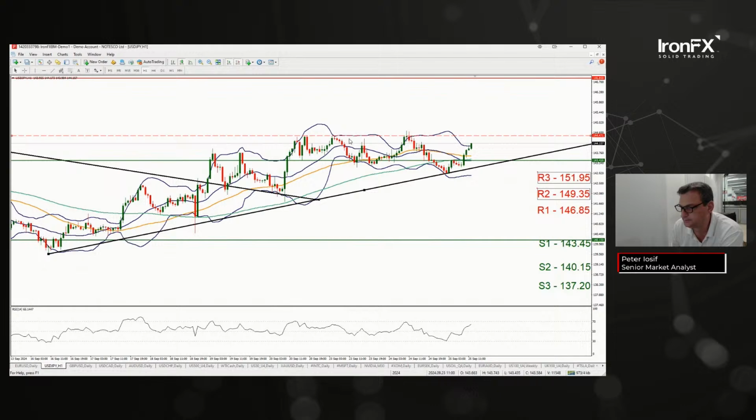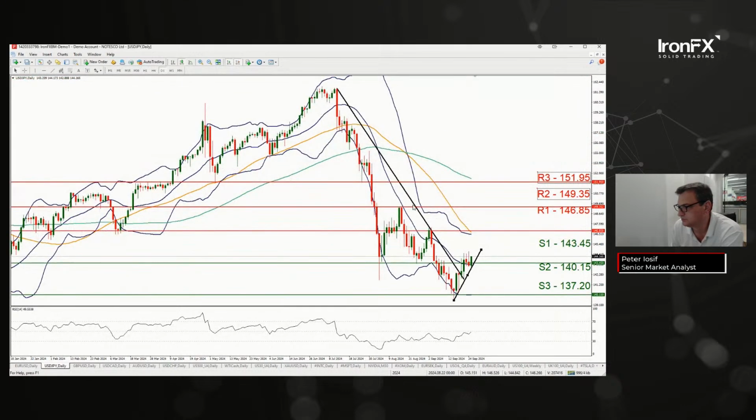It's as if the pair constantly finds resistance at this level. Okay, back to the daily chart. So we tend to maintain a bullish outlook.